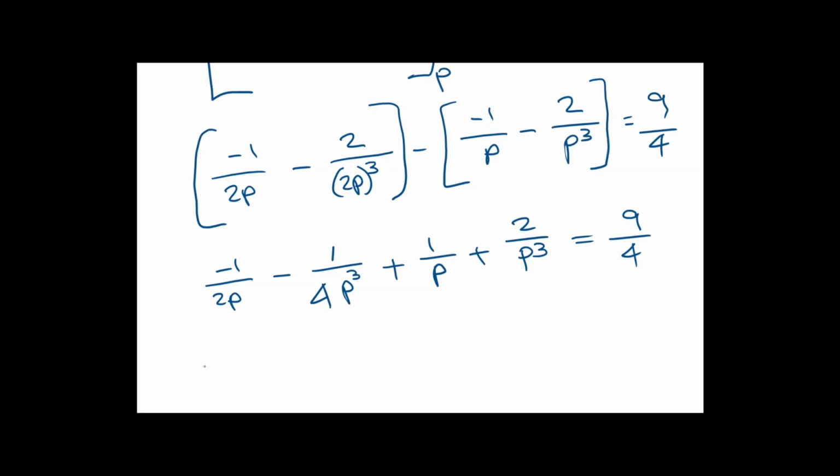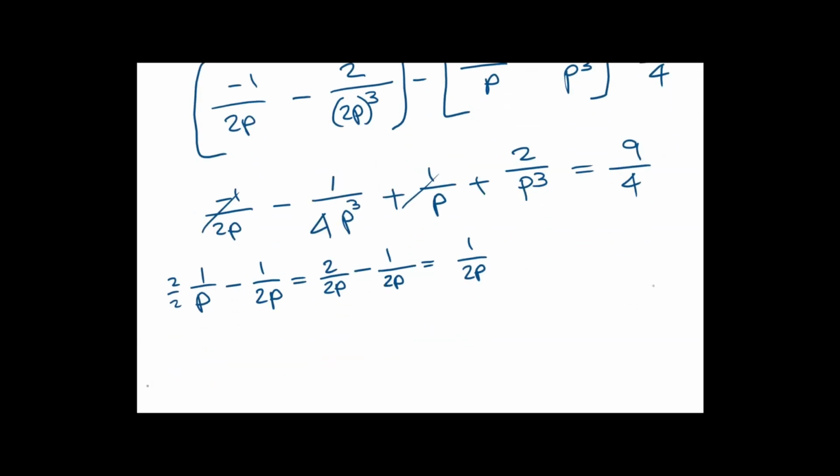So we have 1 over p minus 1 over 2p, and that's going to be the same as 2 over 2p minus 1 over 2p. They have the same denominator, therefore it's 1 over 2p. So that one's done. And now let's do the other one.